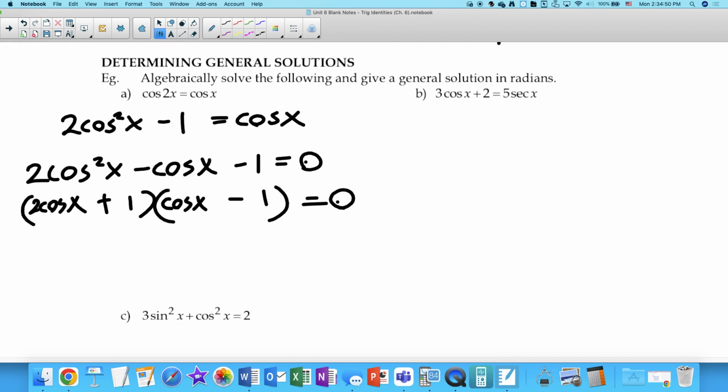Okay. All right, so it's factored. So from here, we have that cos x equals -1/2, and here we have cos x equals 1. Okay, and in terms of the general solution, we have to think, where is cosine negative?